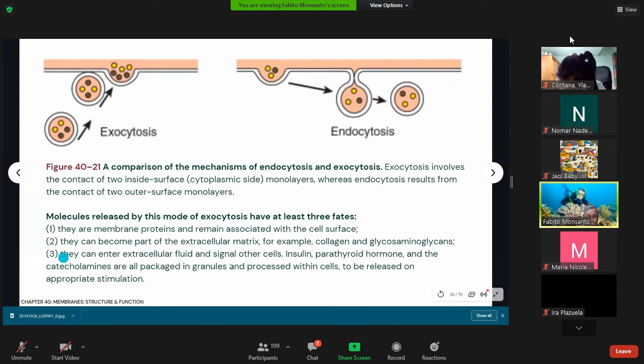They can enter extracellular fluid and signal other cells. Insulin, parathyroid hormone, and the catecholamines are all packaged in granules and processed within the cells to be released on appropriate stimulation. Okay?